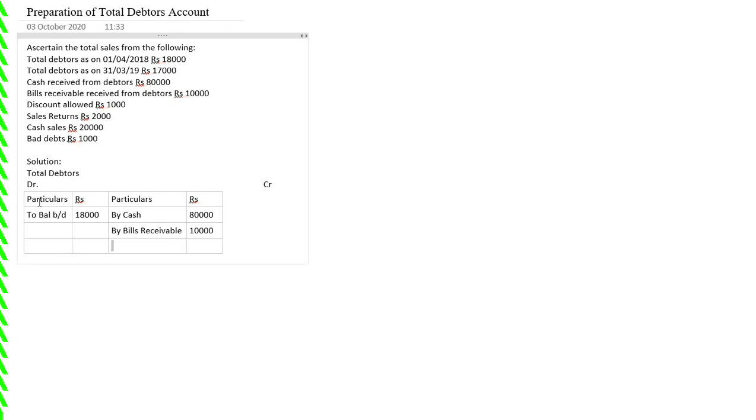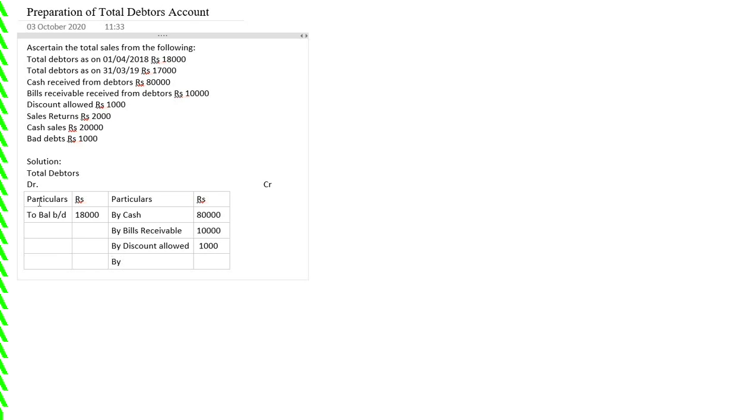Then when the discount is allowed, then the entry will be discount allowed account debit to total debtors. So total debtors account is credited by discount allowed, that amounts to rupees 1,000. Then when the sales returns are there, then the entry will be sales returns account debit to total debtors.